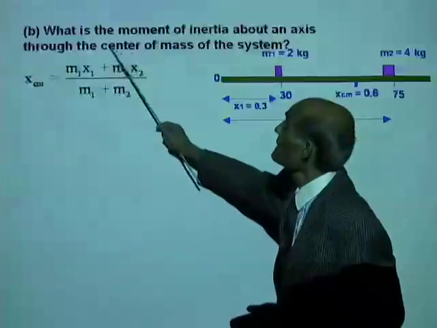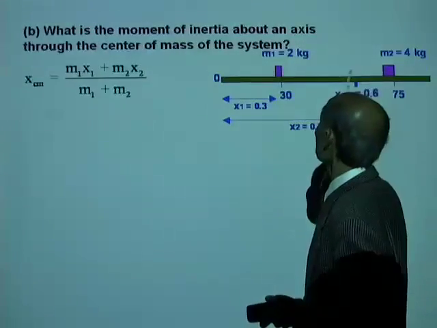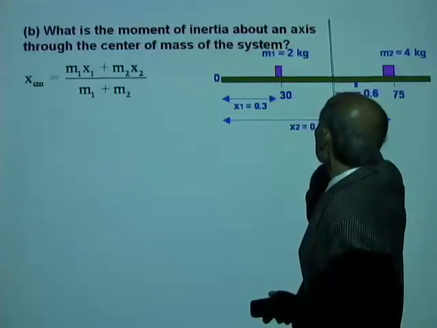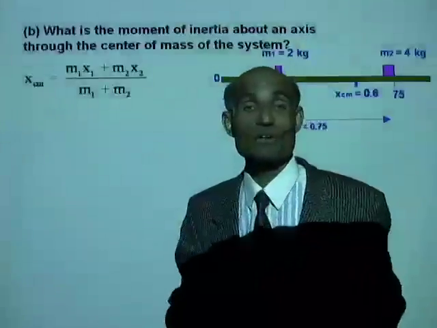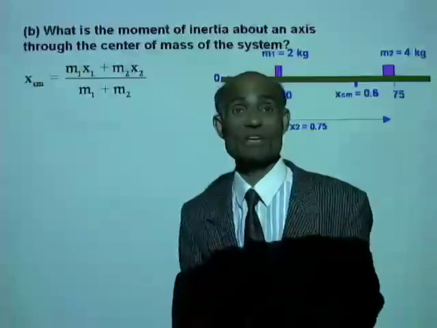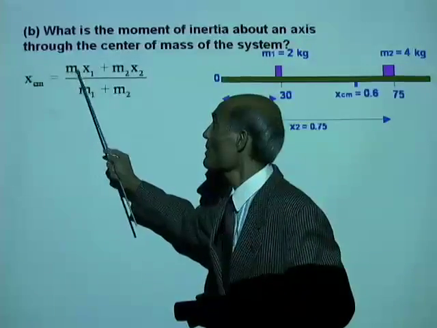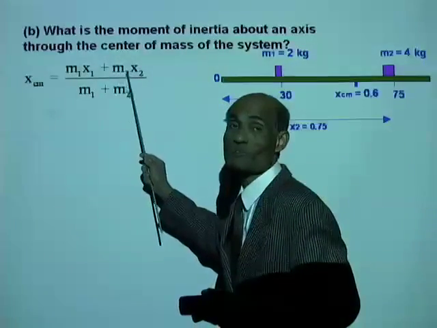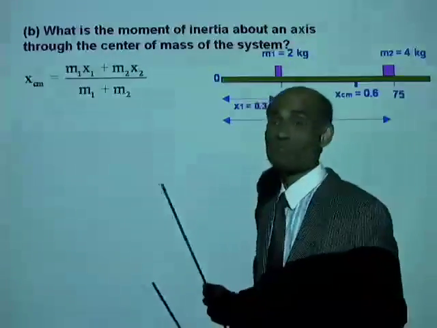First of all, we need to find the moment of inertia of these two objects about an axis that passes through the center of mass. Well, in order to do that, we need to know where the center of mass is. Where is the center of mass? X center of mass is m1 x1 plus m2 x2 divided by m1 plus m2.